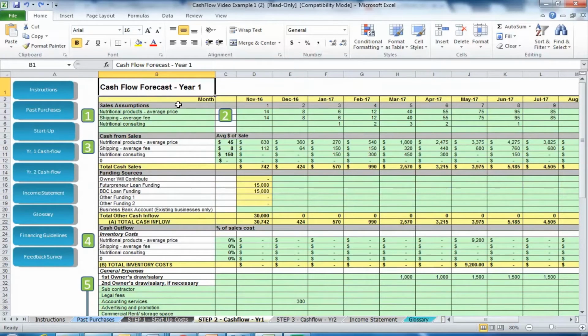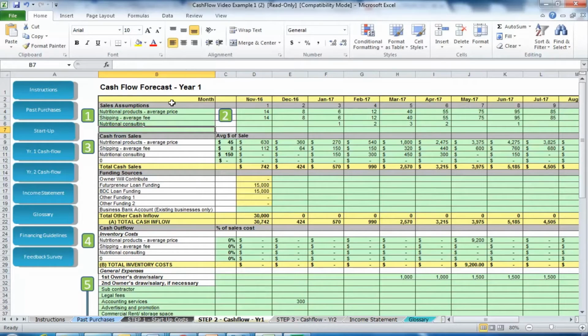The first step is identifying your sales categories in step 1. You will notice there are various categories. We have 4 different categories that you can use as you wish, and you can change these. This is the sales assumptions. Part of the business plan is that you're making an assumption as to what your sales will be and roughly what the products are.